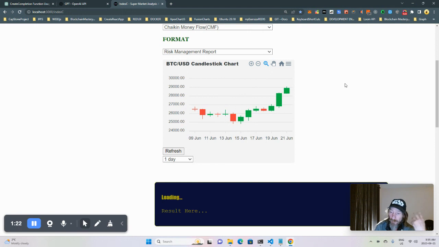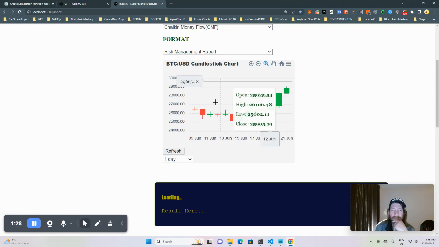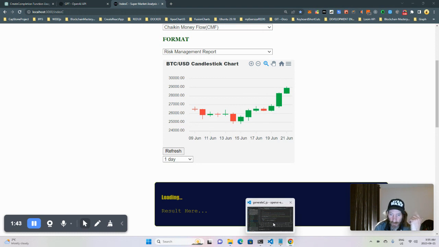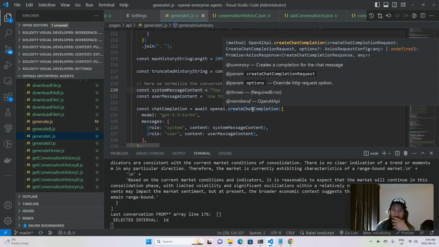Because I'm using ChatGPT Turbo, I'm kind of capable, and I will show you folks how I'm hooked up behind the scenes, because for a coder it's super interesting. So while this is happening, I'm going to go behind the scenes here.